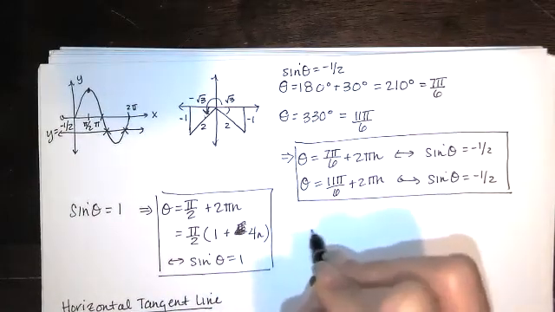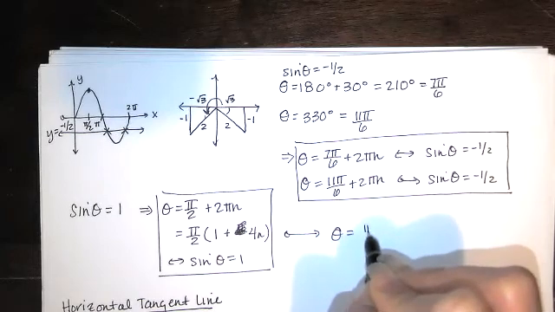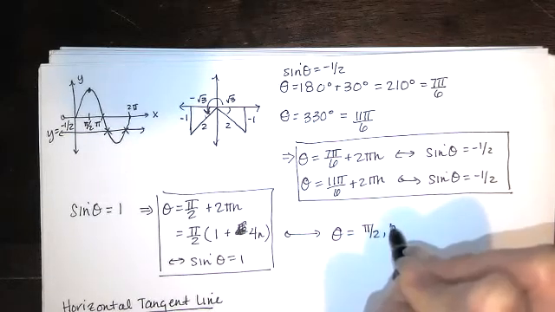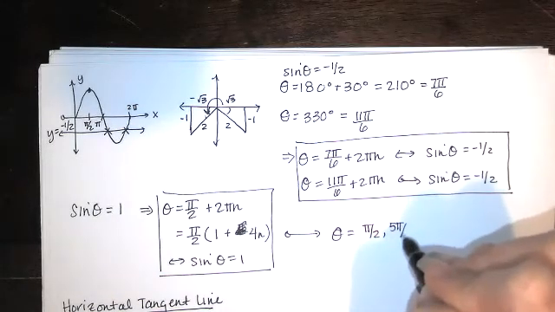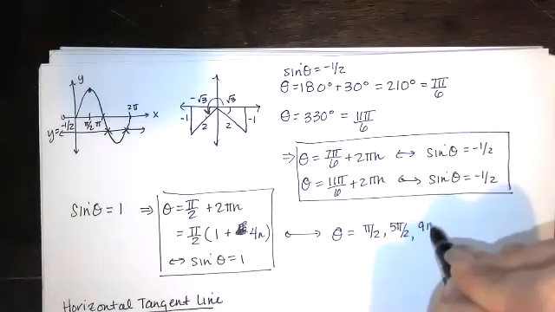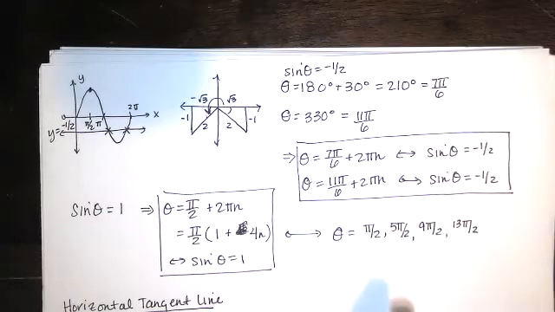So these solutions look like this: pi over 2, then we add 2 pi, so you have 5 pi over 2, then 9 pi over 2, and then 13 pi over 2. So in the numerator, we're adding that 4 pi every time because of that 4n.